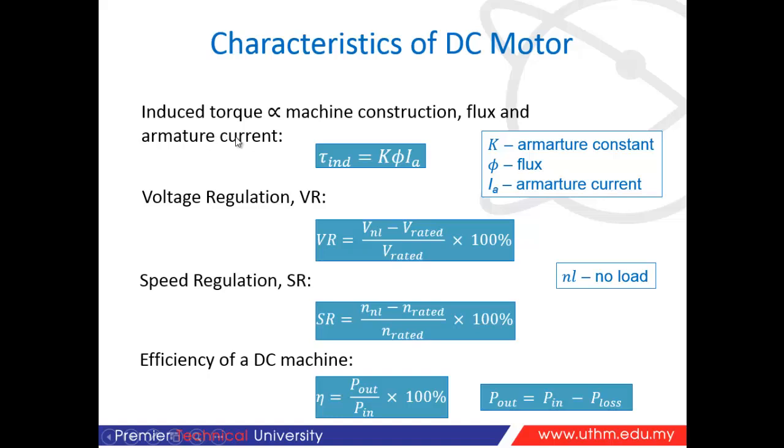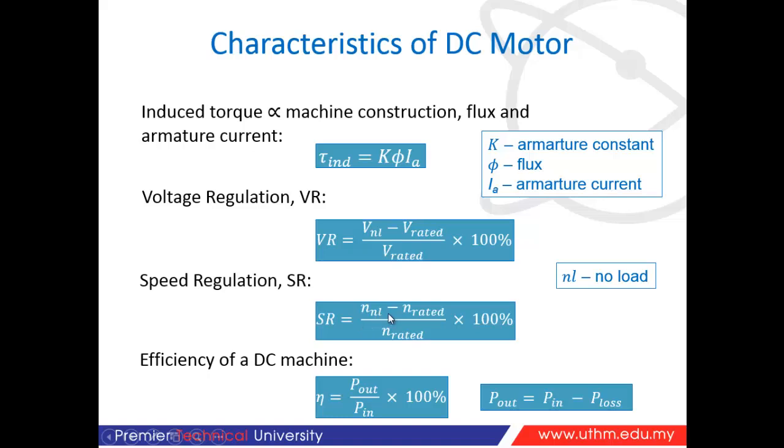The torque: what is the armature constant, the flux, and the armature current. We can see here the torque is proportional to the machine construction, flux, and also armature current. This is the voltage regulation we explained before, where NL is the no load. Speed regulation is also the same, where we want to maintain the speed.